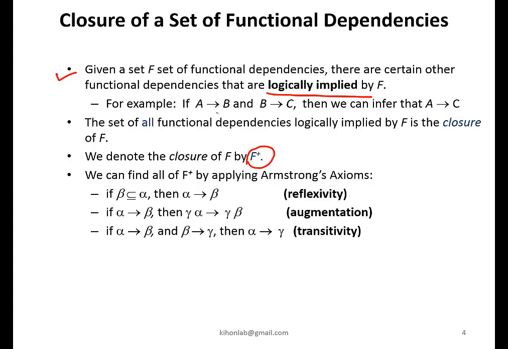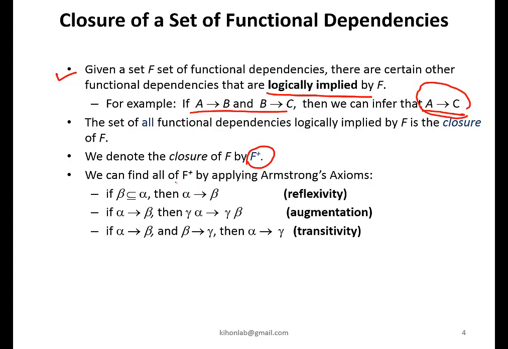For example, A derives B and B derives C, then we can infer A derives C. The set of all functional dependencies logically implied by F is the closure of F. That means all those present in the relation, as well as the logically implied dependencies which are not part of the relation's functional dependencies.